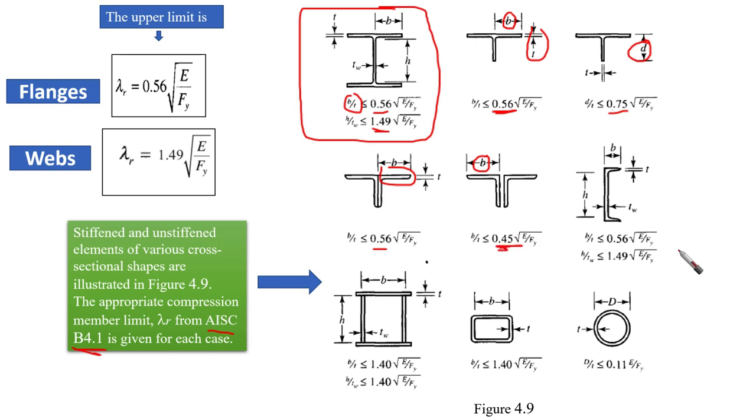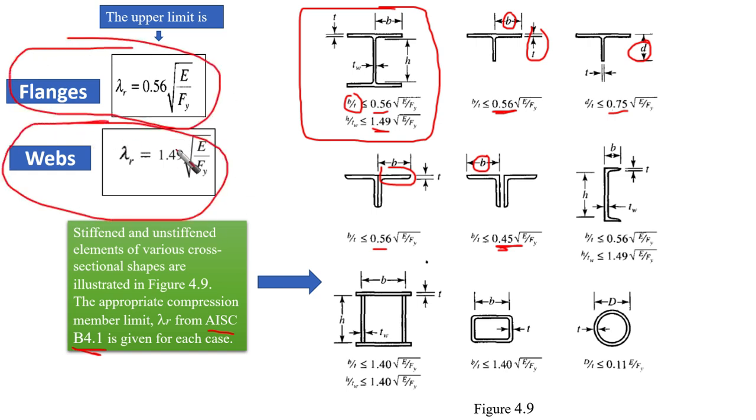For the flanges the same, and for built up sections and HSS or tubes or for pipes. So in general for flanges we have this limit. For webs we have this limit, and remember that for webs the limit is higher than the flanges.